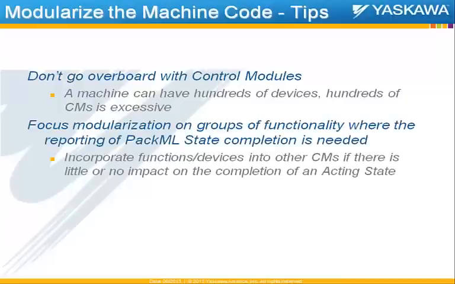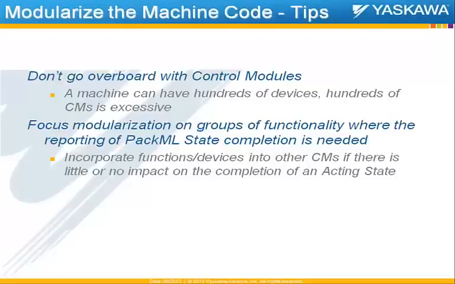And you want to focus the modularization on groups where the reporting of PackML state completion is needed. So if it doesn't impact moving on to the next step of your diagram, completing some state like resetting or completing a state like clearing, then don't put it as a specific control module.